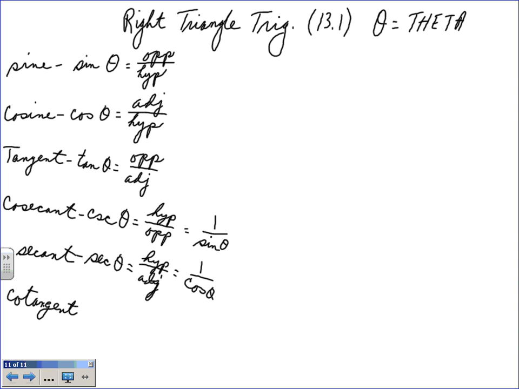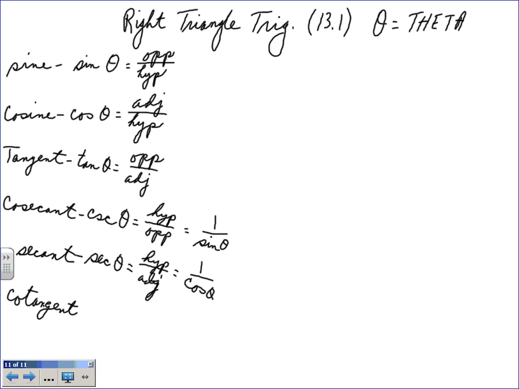Cosine is 1 over secant. They're reciprocal functions. Sine is equal to 1 over cosecant. Cosecant is equal to 1 over sine. They are cofunctions. Sine and cosecant are cofunctions of each other. Cosine, secant.